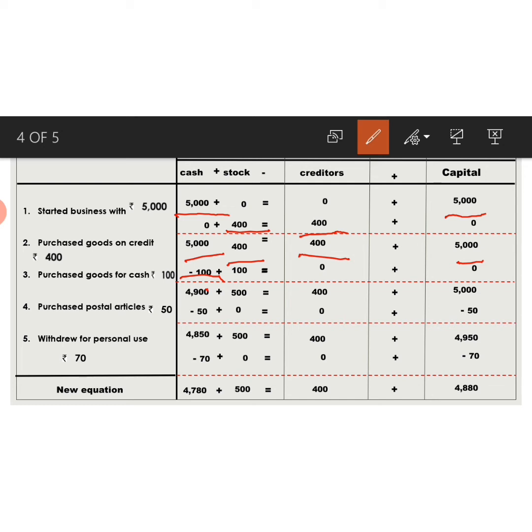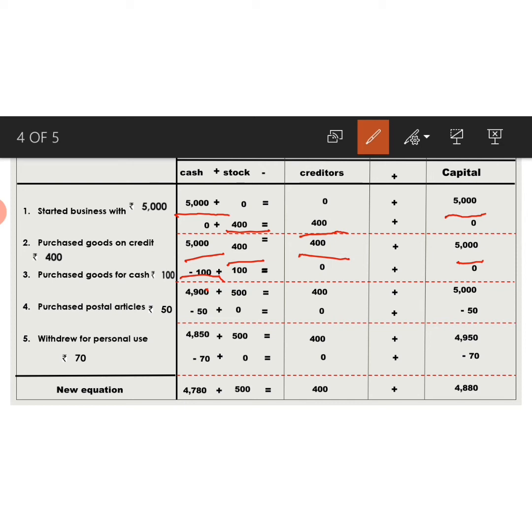And goods, as I told you, is stock, and you are getting stock, that is, your stock is increasing. Your cash is decreasing because you are giving away cash, that is why it is denoted as minus 100. Your stock is increasing, that is why it is denoted as plus 100.